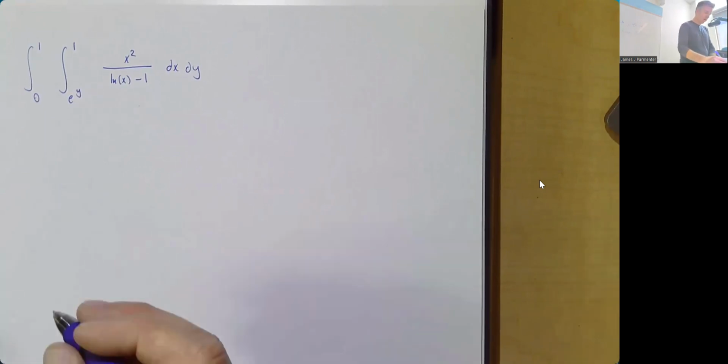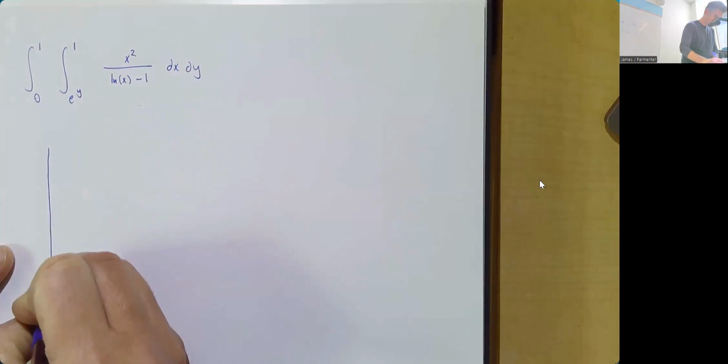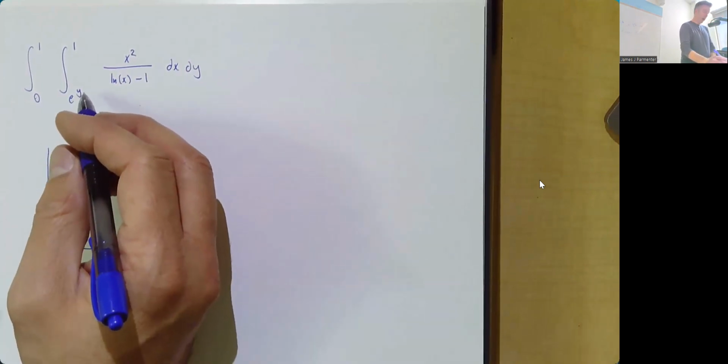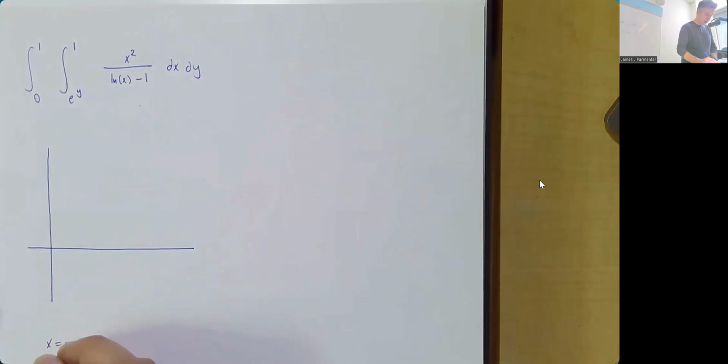So let's try drawing the region. I'm not good at drawing x equals e to the y. For me to draw that, I'd rather just solve for y. So we take the natural log of both sides. We get the natural log of x equals y, which I'm perfectly good at drawing.